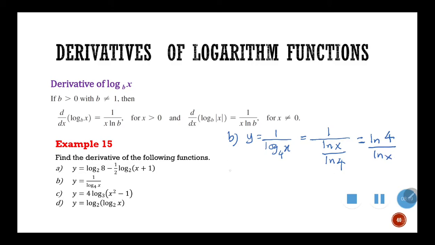So the derivative dy over dx is equal to d dx of ln 4 over ln x.